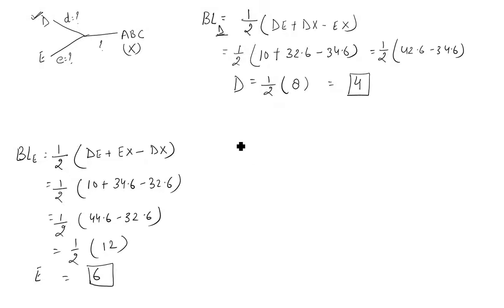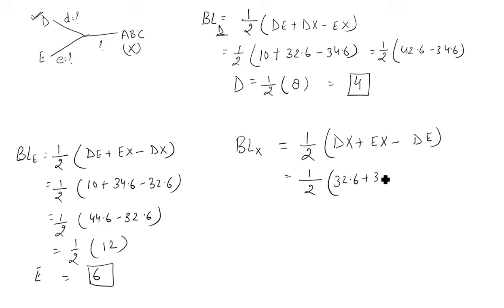Now we have to calculate for X. So branch length of X equals 1 by 2 (DX plus EX minus DE). So this will become 1 by 2 of 32.6 plus 34.6 minus 10. So this will become 1 by 2 of 67.2 minus 10, so 1 by 2 of 57.2.